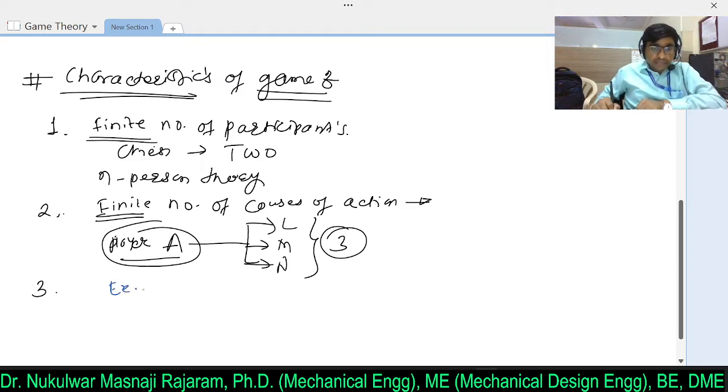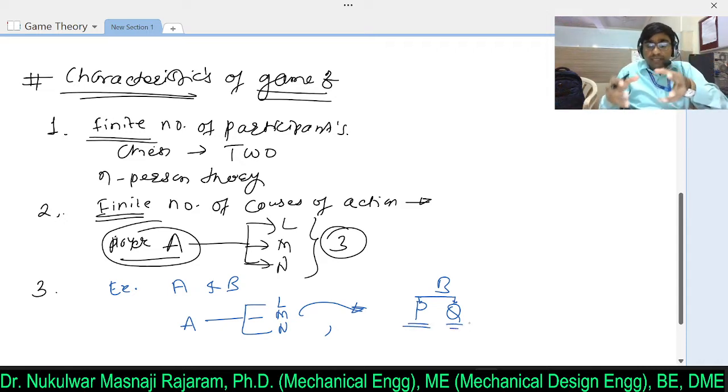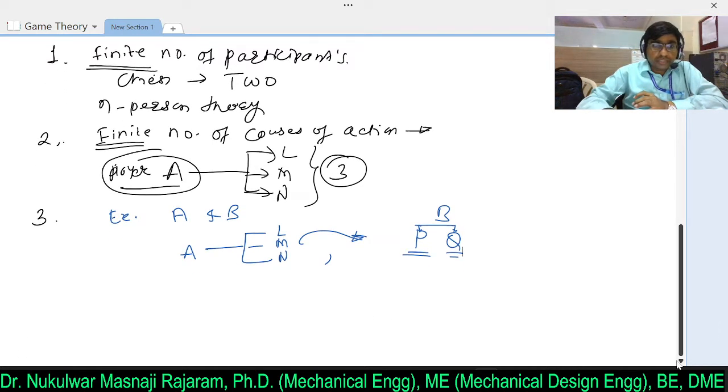Let's take the example of two participants, A and B. We know A's different possible courses of action, that is L, M, N. Likewise for B also there are different courses of action, but we don't know which he will apply or play. So here I must know what different available outcomes the competitor has, but which of them he is going to play, that we don't know. So this is one of the characteristics of the game.